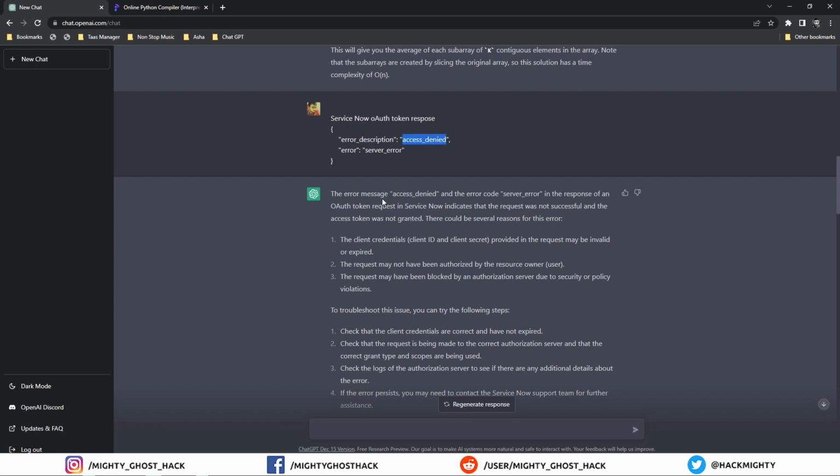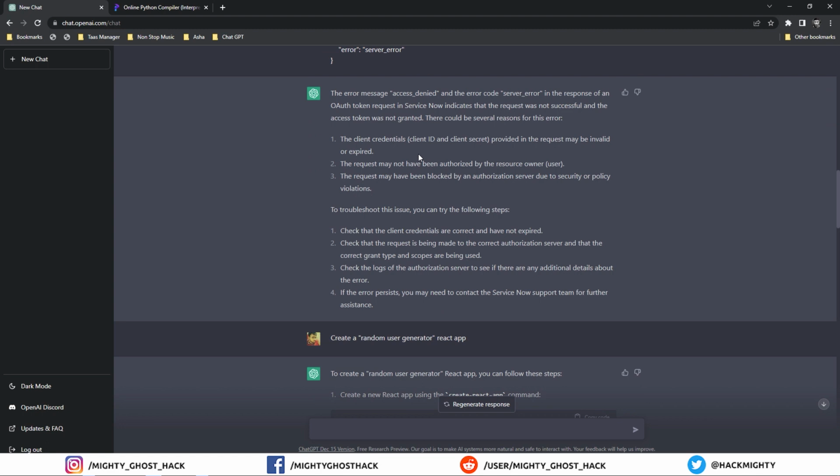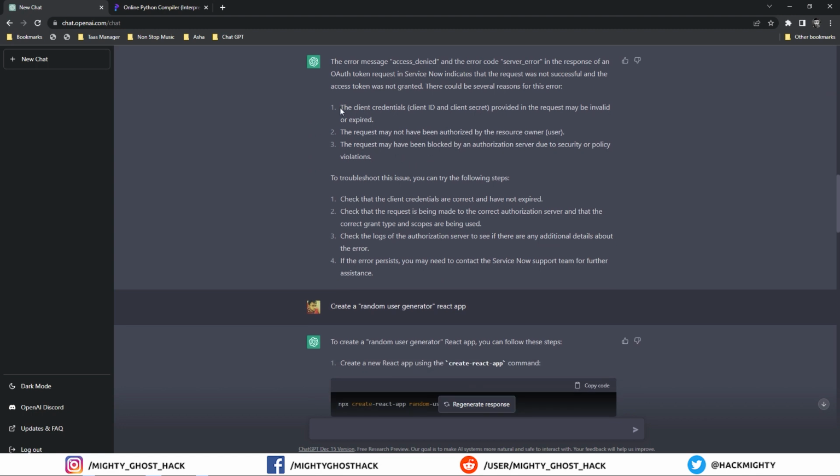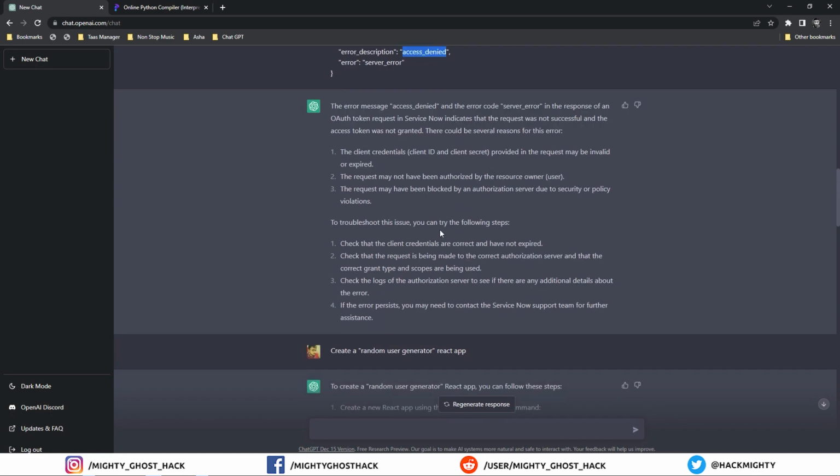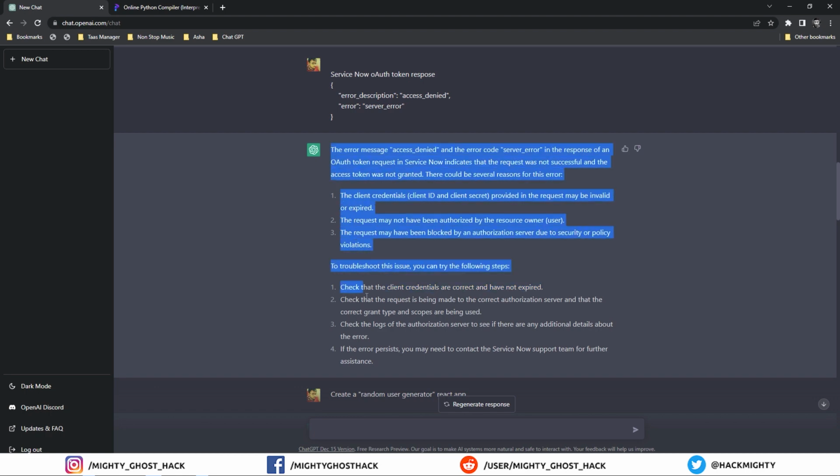Suppose I copied this and searched on Google, I would get lots of links as well as the main answer from the ServiceNow docs, even from Stack Overflow and other websites. I would get the right answer, but in this scenario this bot is just explaining what the things mean, like access denied. Access denied means you have not entered the proper credentials, and so on. So this is not actually surprising me.